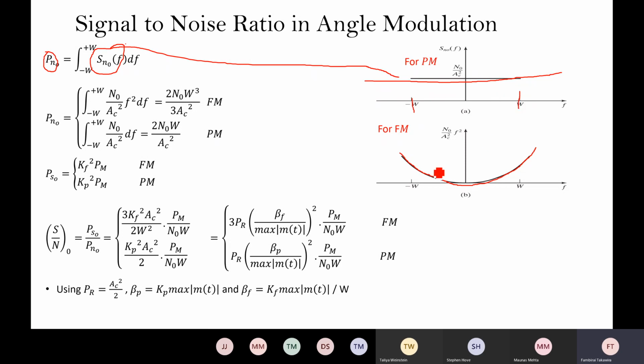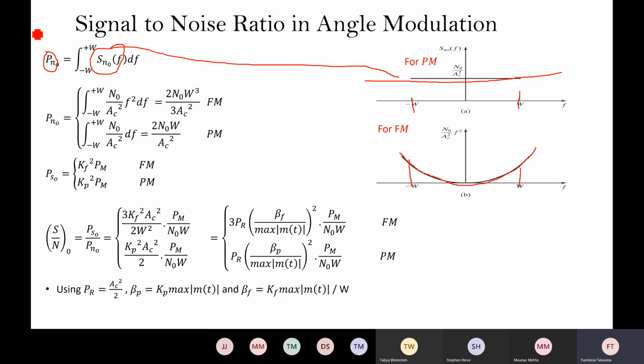And in the case of frequency modulation, we would integrate between this point and that point, where this curve is a parabolic curve. For phase modulation, this is simply a flat expression.